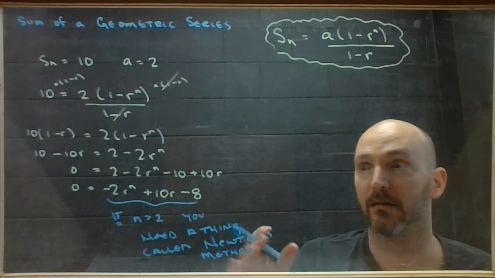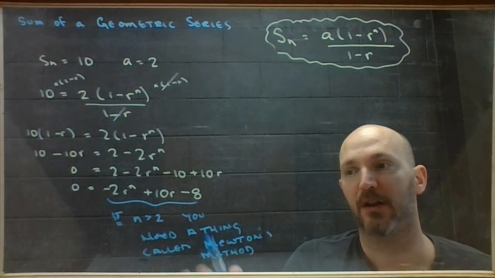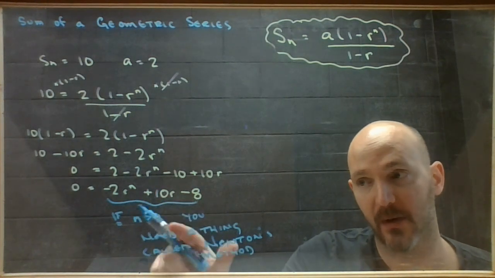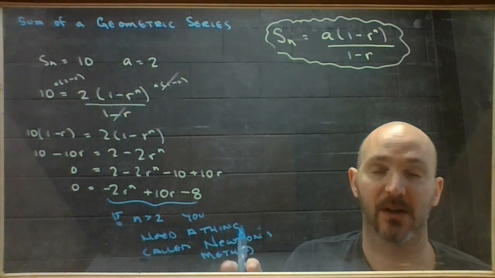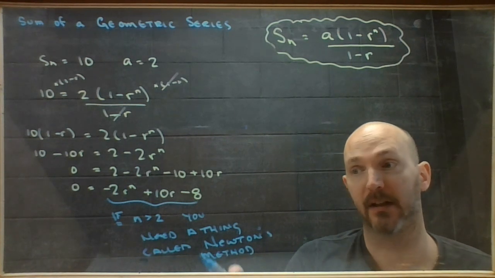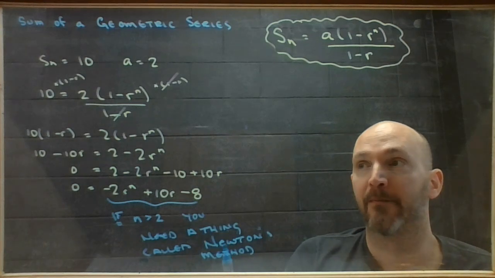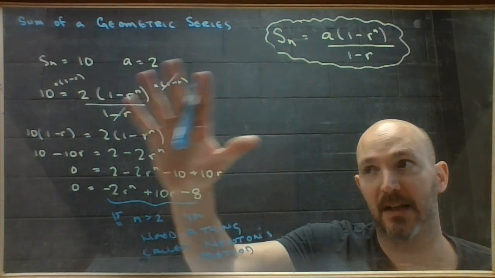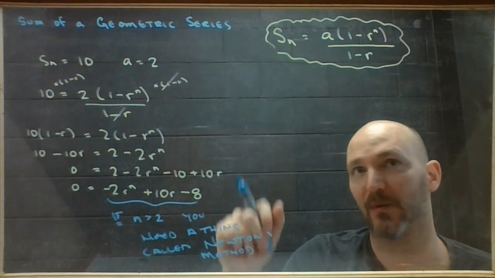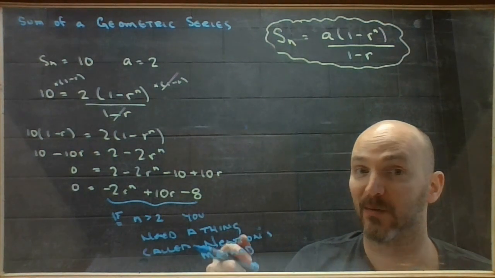So in a few courses from now, you would have the skills you needed in order to actually solve this equation for some number of terms larger than 2. But for now, in grade 11, this is beyond you. And since a sequence with only 2 terms in it is not really worth dumping into a formula like this, you might as well just do it manually.